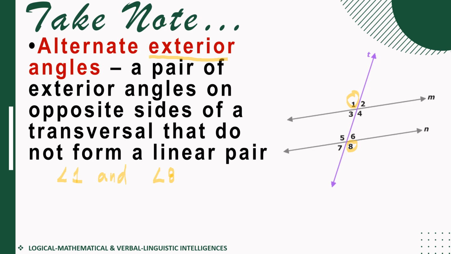So this cannot be angle 1 and angle 2, but rather we're going to have angle 1 and angle 8. Then one more pair should be angle 2 and angle 7, referring to this one and this one.